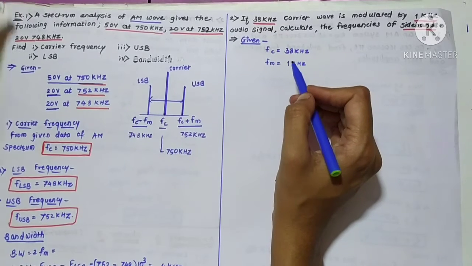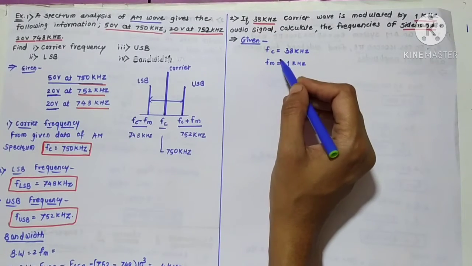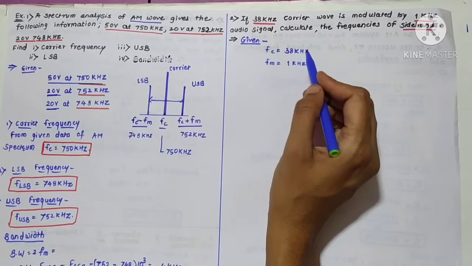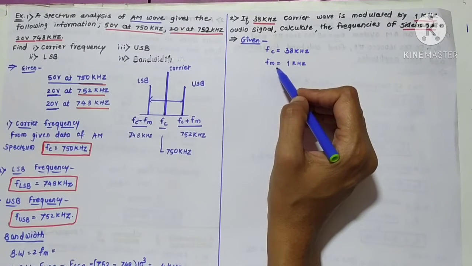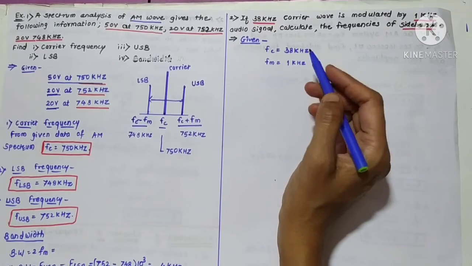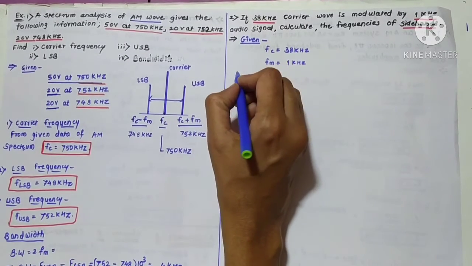As this is in the audio frequency range and the other is in the radio frequency range, this is the frequency of the carrier and this is the frequency of the modulating signal respectively. Okay students, now the solution.